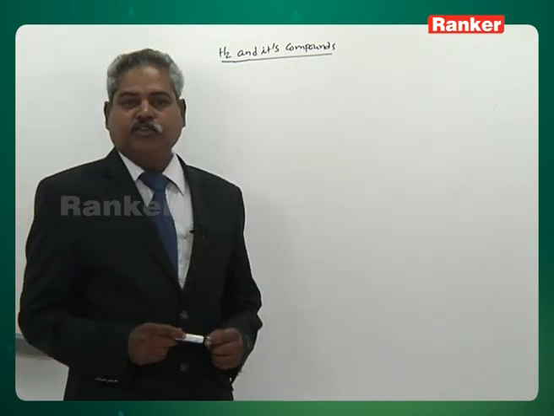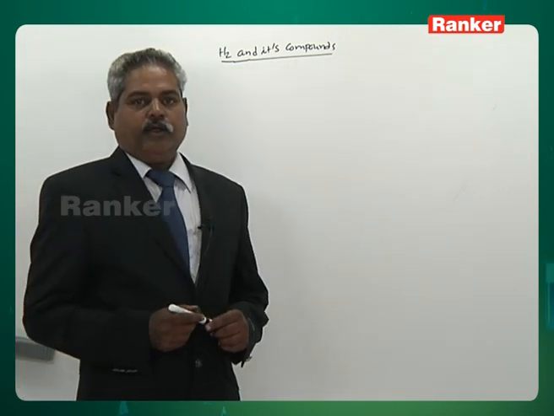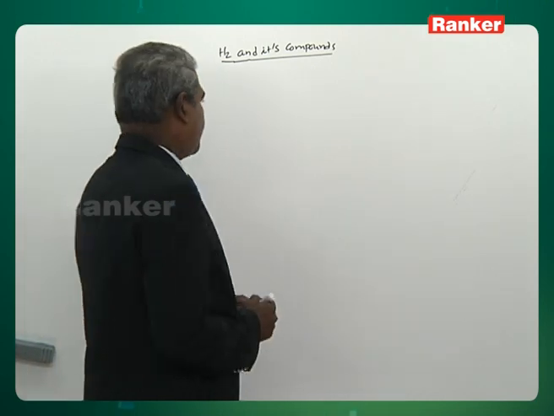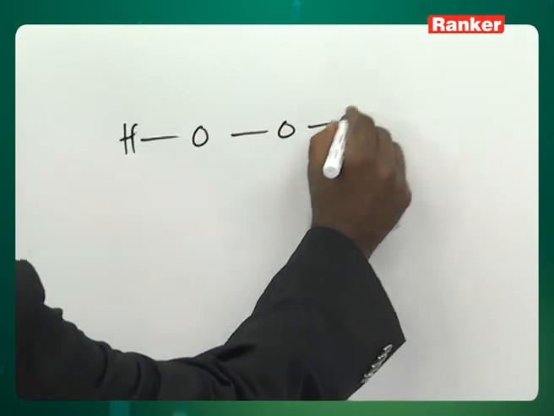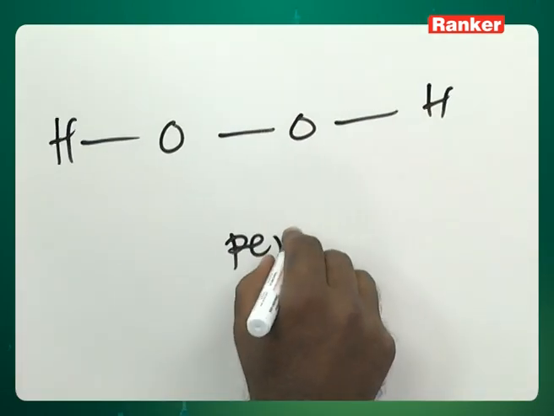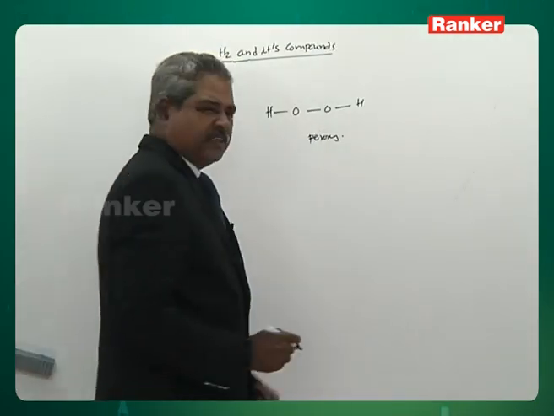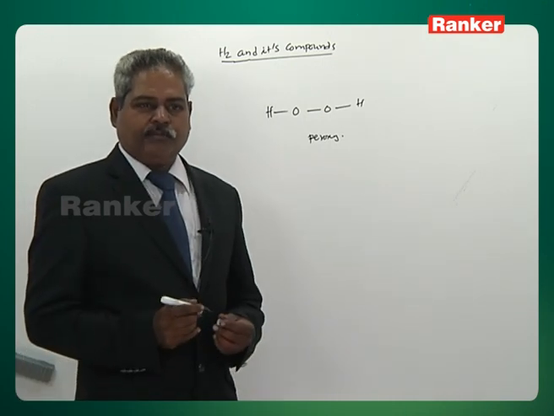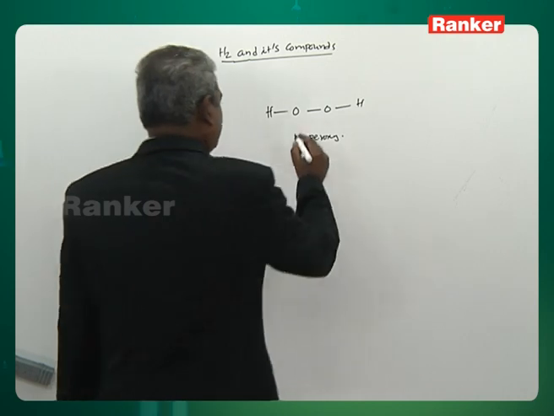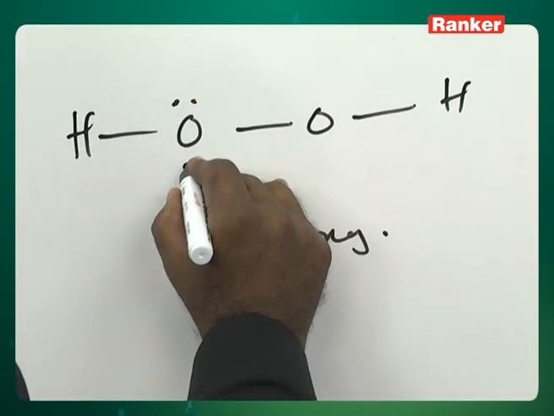Regarding the reactions of H2O2, there is a peculiarity in H2O2. This O-O bond, called the peroxy bond, is almost the second weakest covalent bond. Why? You have too many lone pairs here, two lone pairs.